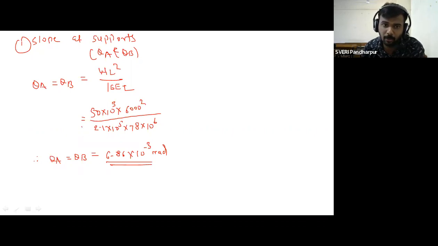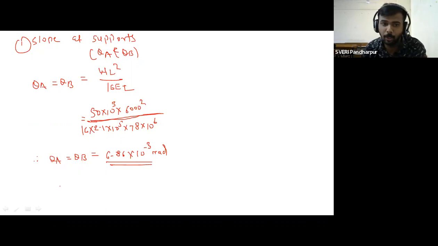So here I forgot to write down the 16. बरोबर आहे. Don't follow me 100%. Sometimes I am also making mistakes. So you have to think about whether I have written correctly or not. So divided by 16 into E into I. Are you getting 6.86 into 10 raised to minus 3?